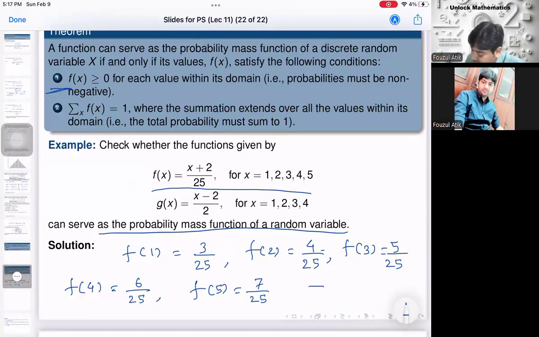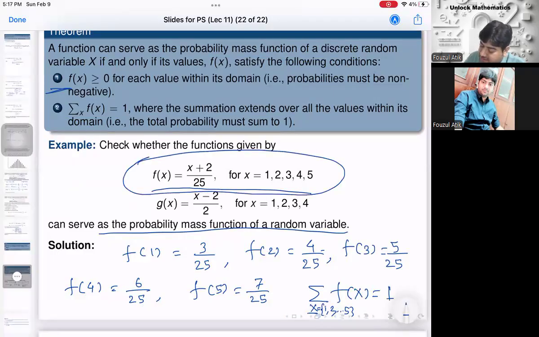So the sum of f(x) over x, where x takes the values 1, 2, 3 up to 5, is 1. So this function f(x) can serve as a probability mass function of a discrete random variable.